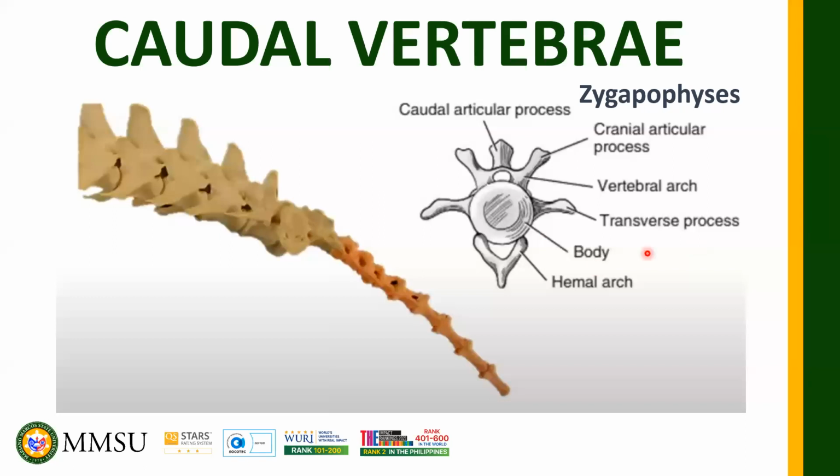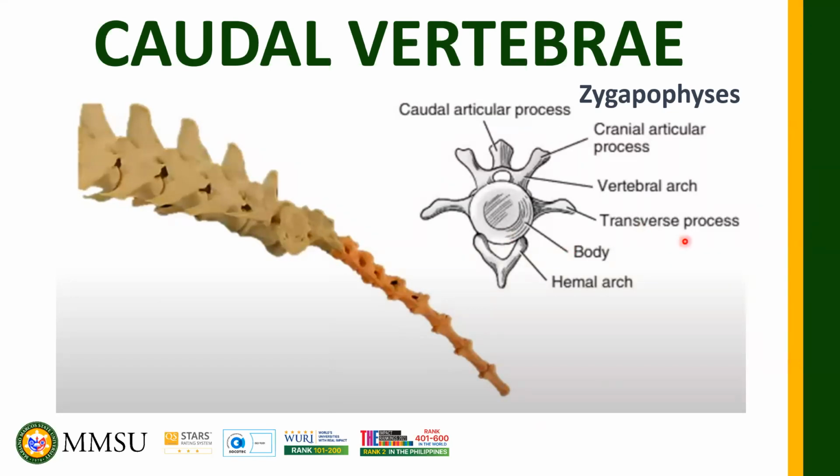Okay? Then for the transverse processes, ganun lang din, point of attachment, but then it is usually involved in the tail movement and stability na. And then for the body or the vertebral body or centrum, same lang na function, but as what I have said, it usually provides the support and distributes the forces along the length of the tail of the animal na.